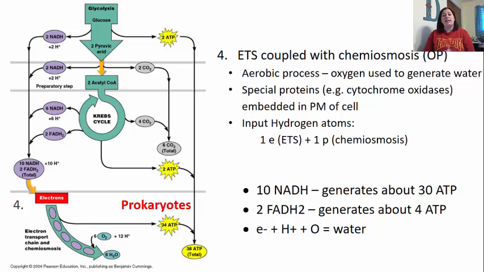Since 10 NADHs and 2 FADH2s come in, they are going to be responsible for allowing this process to create a lot of ATPs through oxidative phosphorylation. The 10 NADHs are going to help generate about 30 ATPs, and the 2 FADH2s are going to help generate about 4 more. These electrons plus the hydrogens plus the oxygen is going to then create the water.